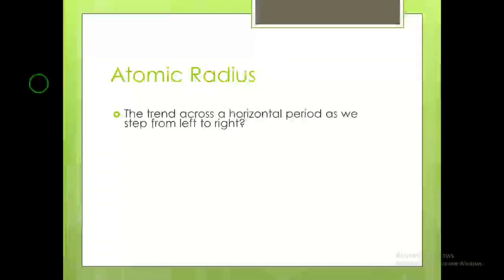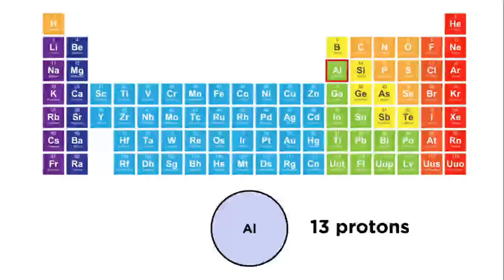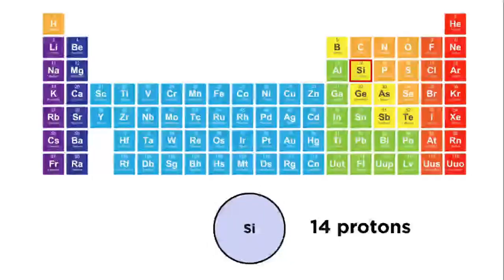Now, what of across a period? Across a period, because we add both a proton and a neutron, it increases the force of attraction between what? The nucleus and the outermost shell, making the atomic radius shrink.